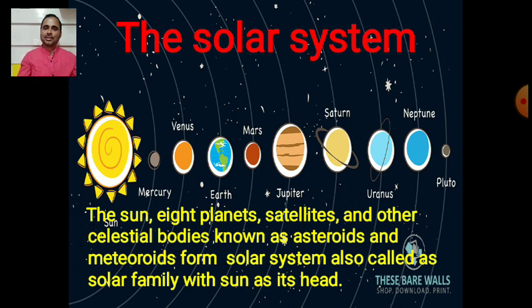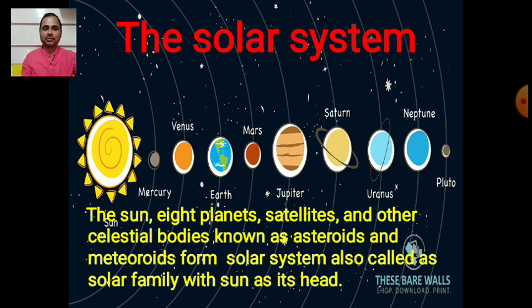Do you know the solar system is also known as a solar family with the Sun as its head, correct? So this is about the solar system. In this chapter we will try to know about all the different members of the family. So let us discuss them one by one.